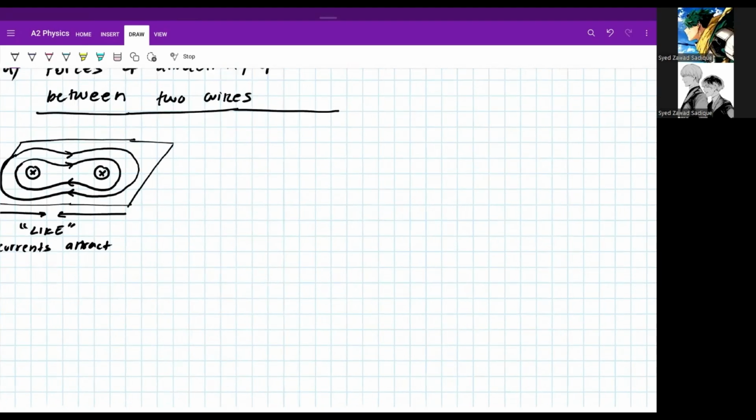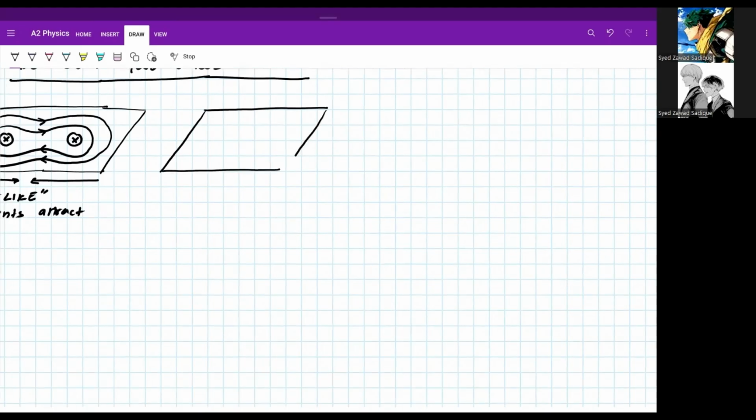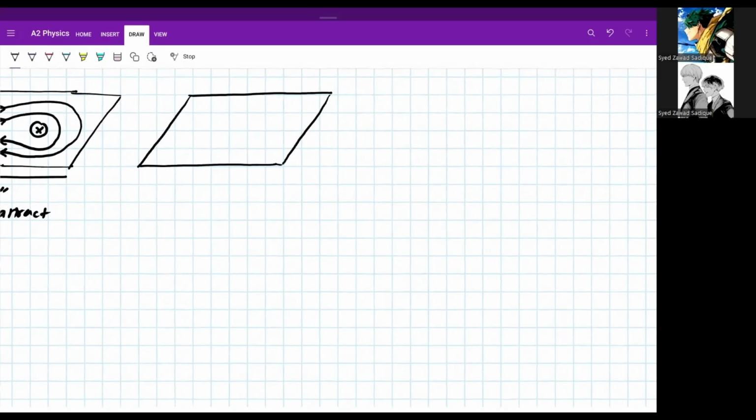Now, what about unlike currents? Let's say this one is out of the page, and this one is into the page. Then it would be like this.